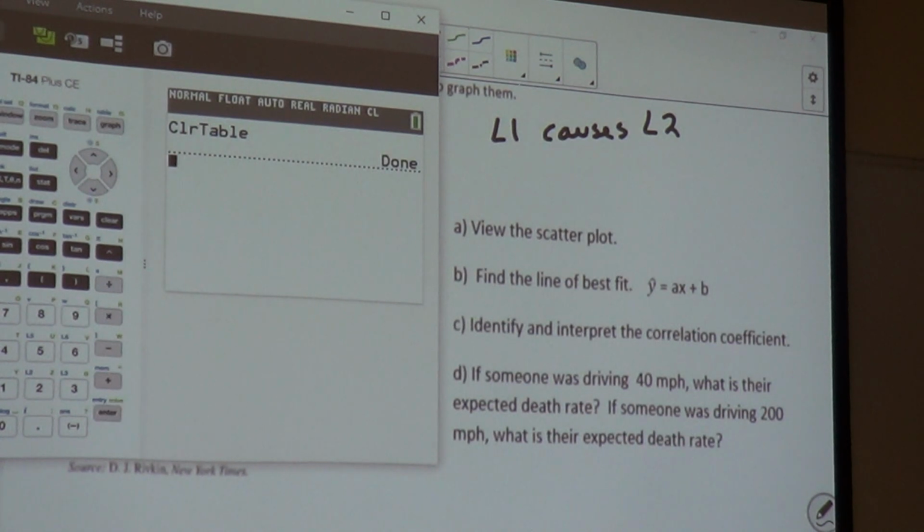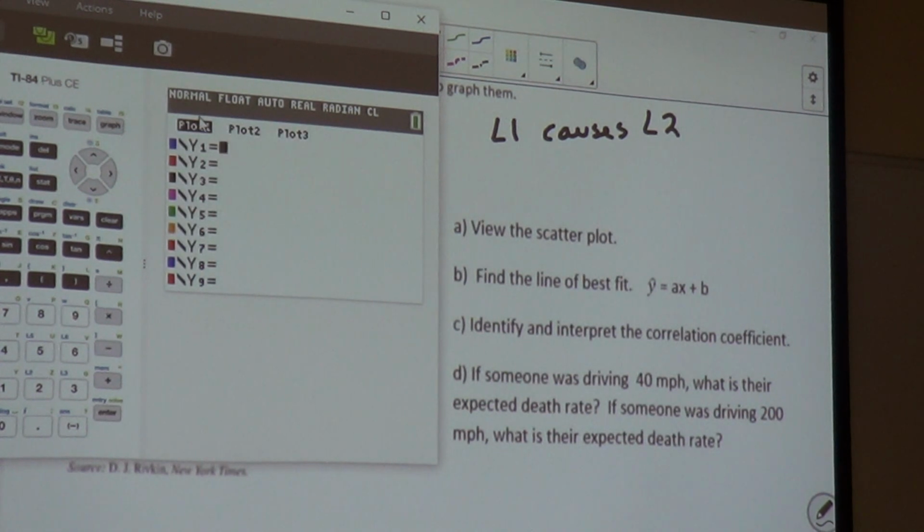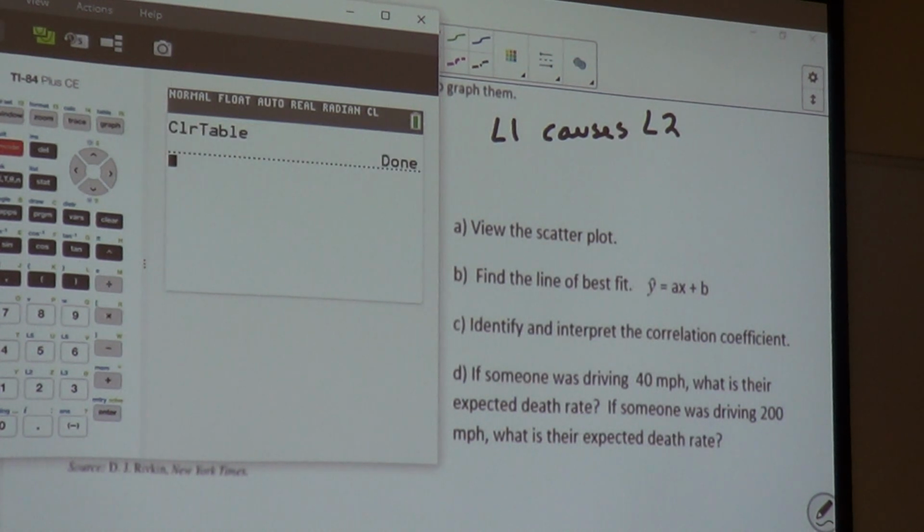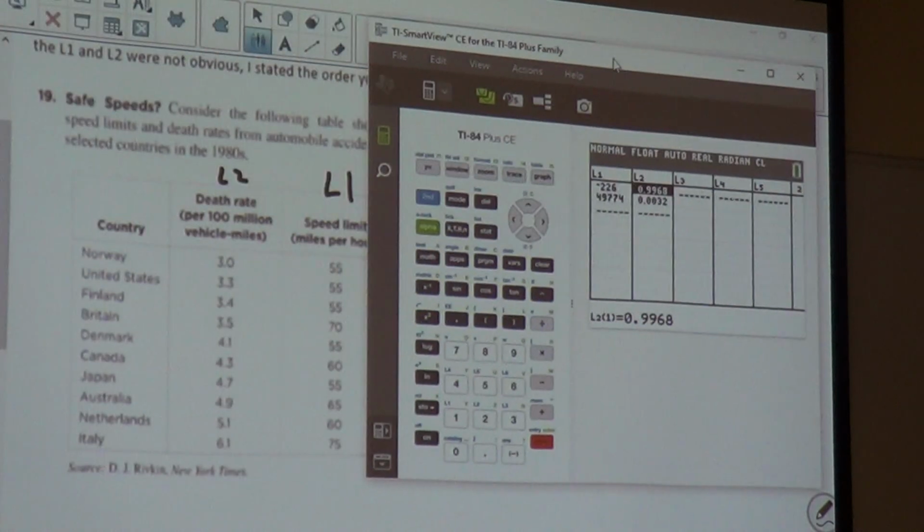So I went to my Y equals, your plot is black, your Y1 is clear. I did second quit, I went to my catalog, went to clear table, enter. Now I'm gonna go to stat edit, and I'm gonna type in my data after I clear it out, because math 120 people, stats people could have been using your calculator before you.